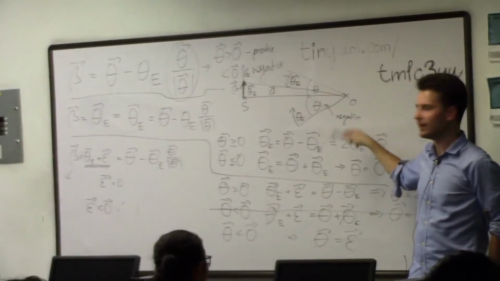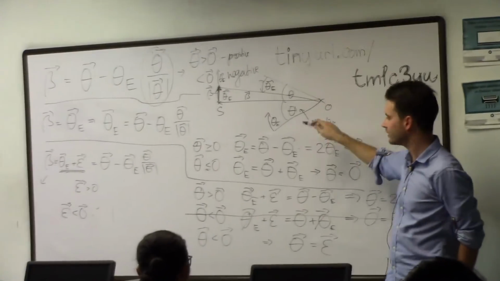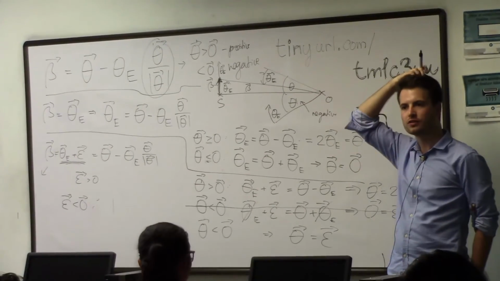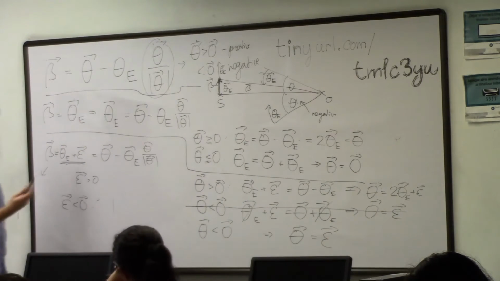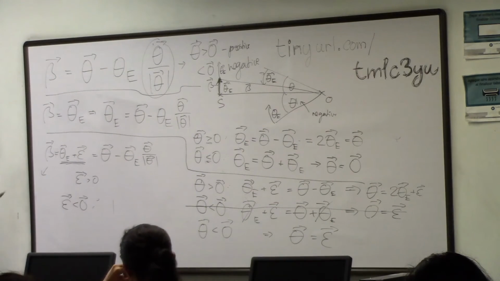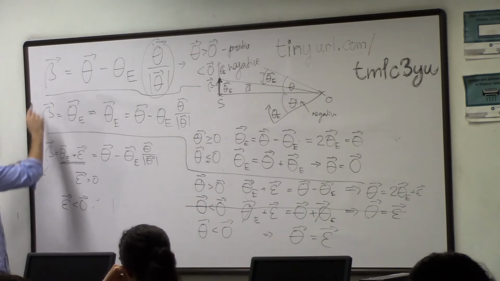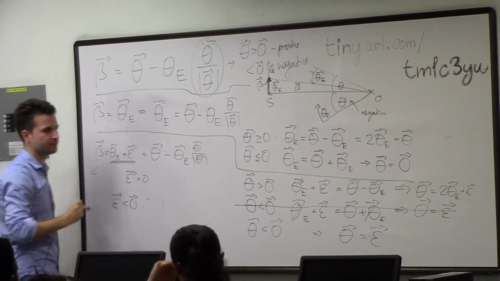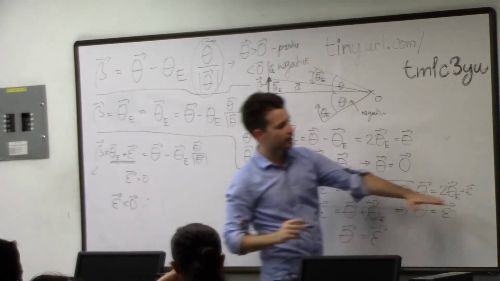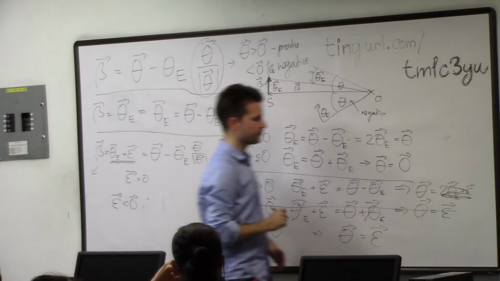What I'll do, I'll send you a full derivation. I'll send you this proof again, so you can go over it. But basically what it adds up to, we consider the three limiting cases we have here, which is what happens when beta is larger than Einstein radius. And then we found there is only a positive solution possible.